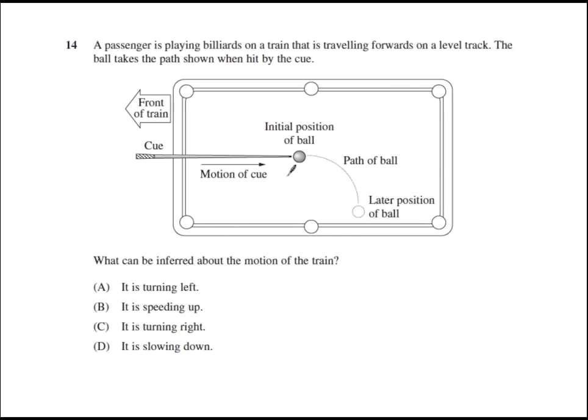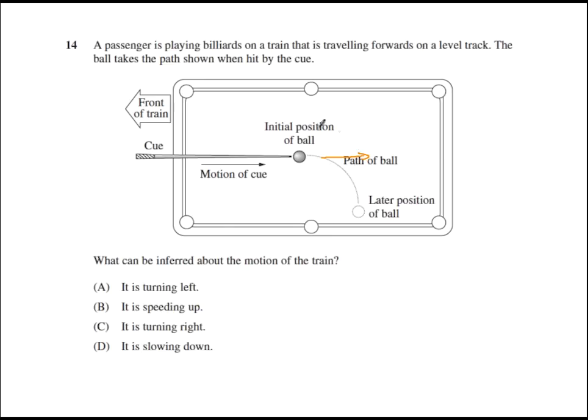Okay, so this is all about inertial and non-inertial frames of reference, and probably the best way to answer this question is to try to imagine yourself in the situation. Now the ball will be moving in this direction, in the normal path, but clearly the ball is undergoing Newton's first law and has a tendency to stay going straight.